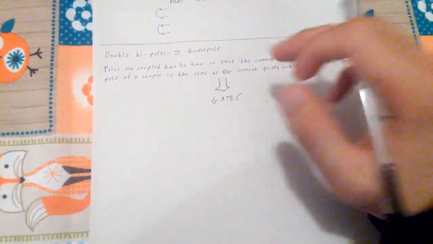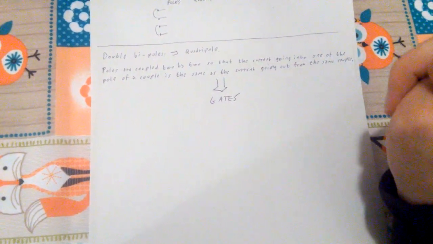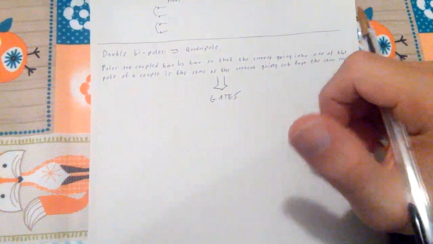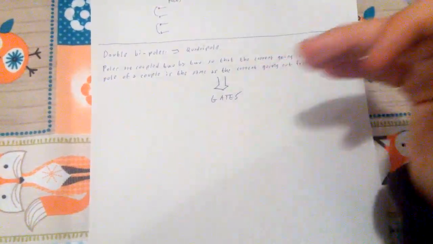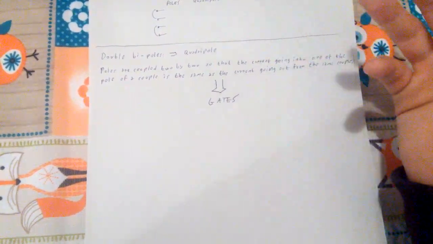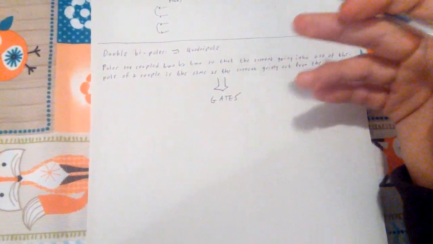Now, the linear double bipoles, with all the components that are linear, are actually approximated models of real components that are actually not linear.